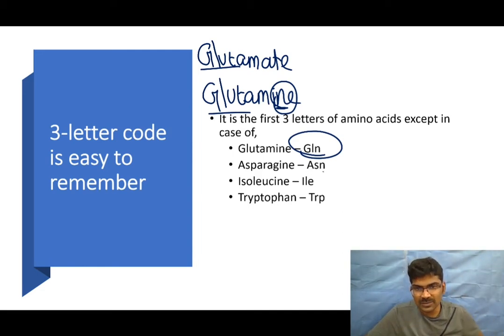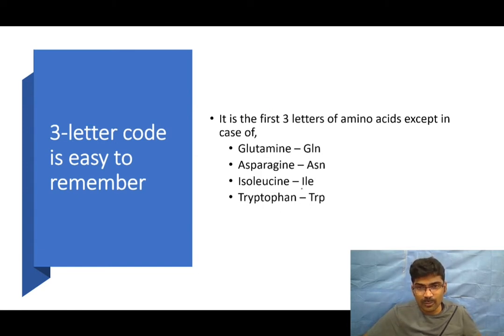So for asparagine, they have added N in the third letter. Isoleucine: if you just put iso, it can be isoalanine, it can be isovaline. There are no such amino acids as isoalanine or isovaline, but still, to make complete sense, they have put ILE. So isoleucine.